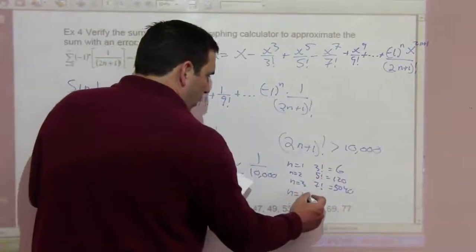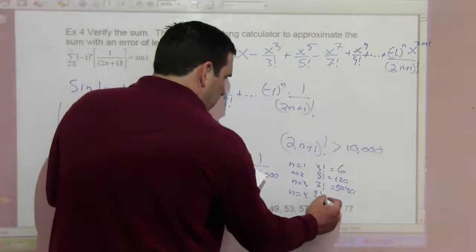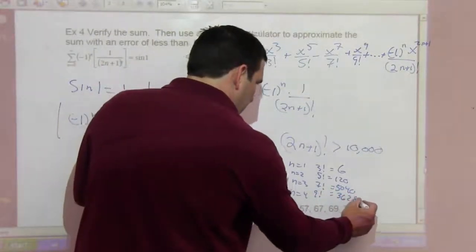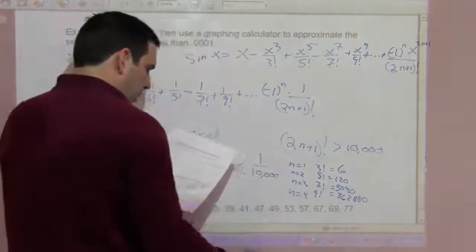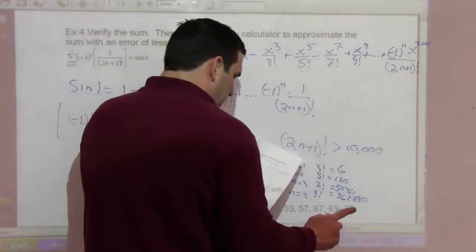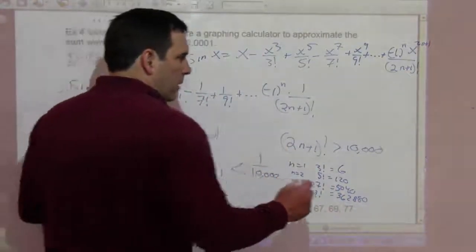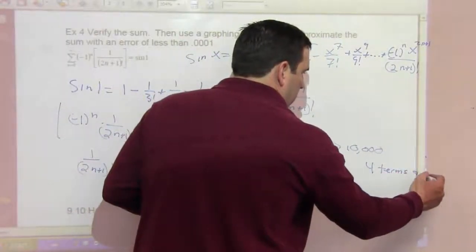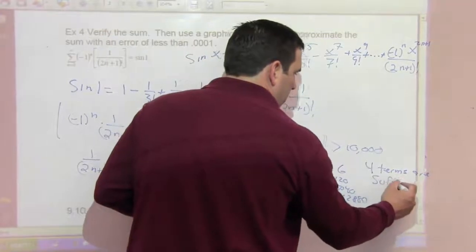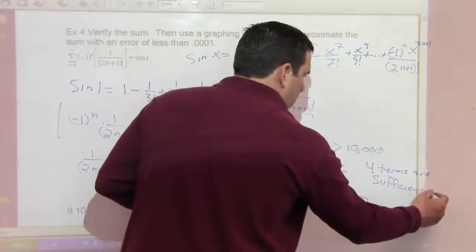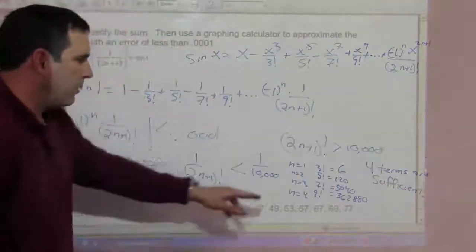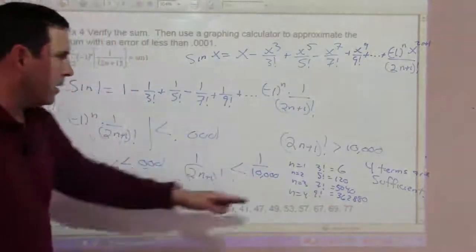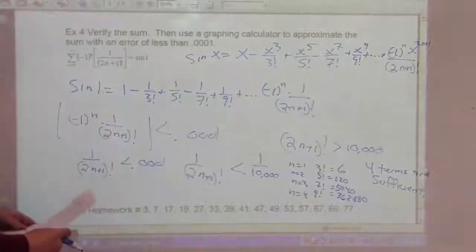And n equals 4, we're going to have 9 factorial, and that is 362,880, which means 4 terms will be appropriate. Because at n equals 4, we're there. We have a very small error, because that is bigger than 10,000.